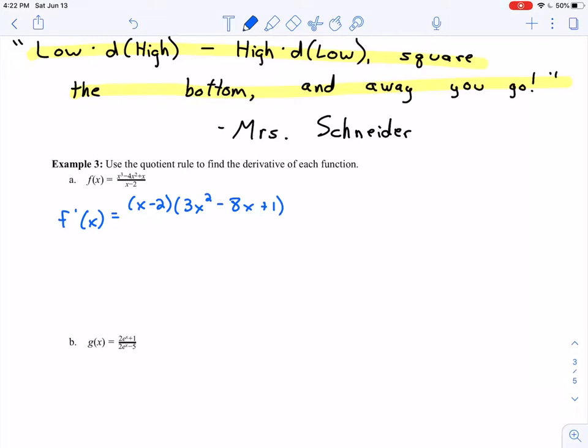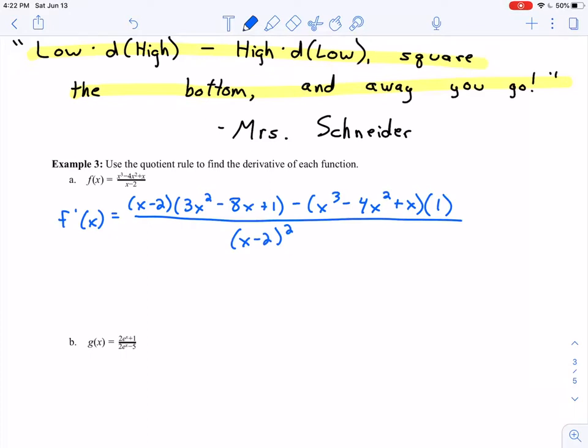So I have low d high minus high, that's x cubed minus 4x squared plus x. D low, derivative of my denominator, derivative of x minus 2 is just 1. Square the bottom, x minus 2 quantity squared, and away we go.